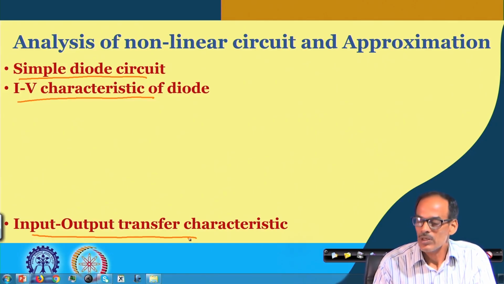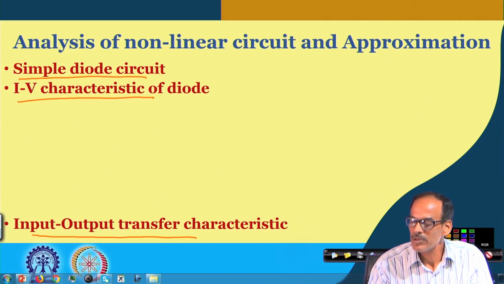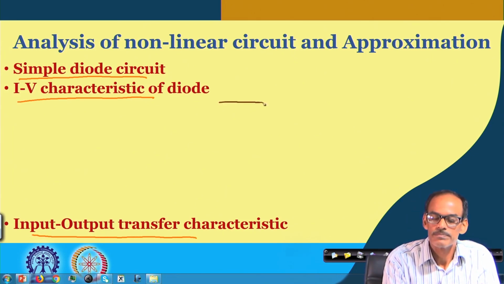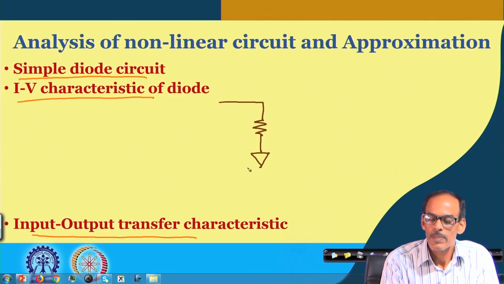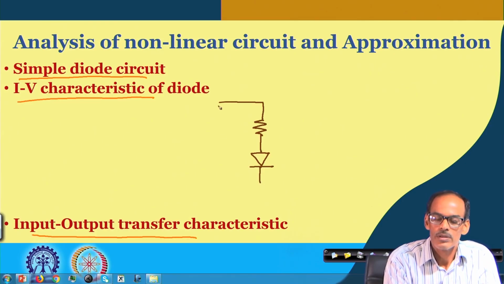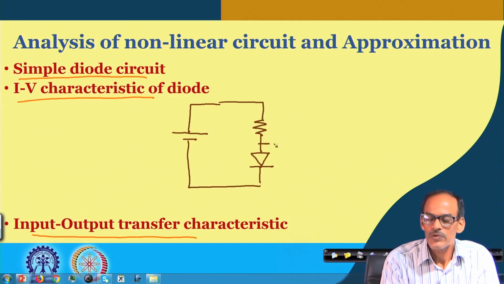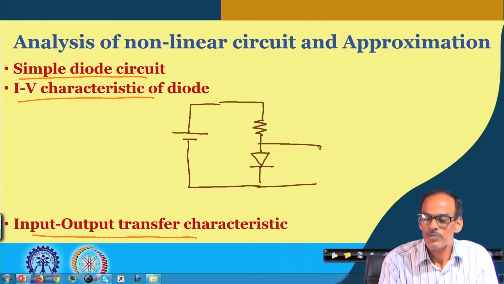Just to give you an example, consider one simple circuit containing one resistor and one diode, and then we have a voltage applied across this one. And then this is the corresponding output.